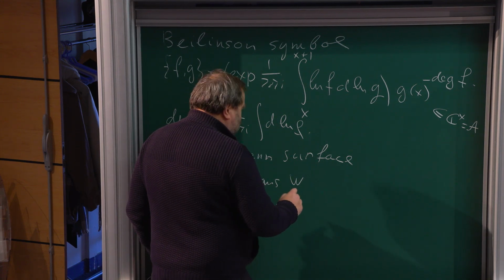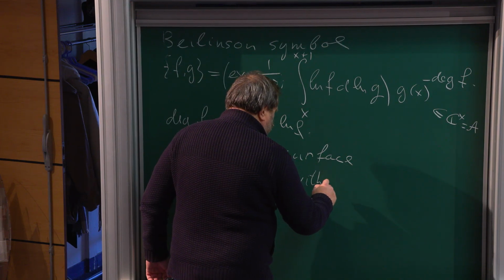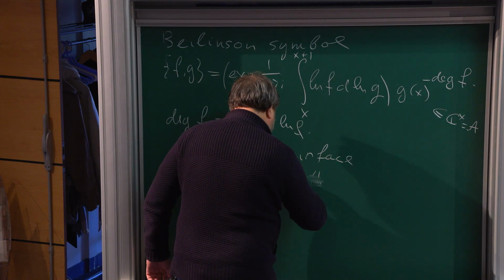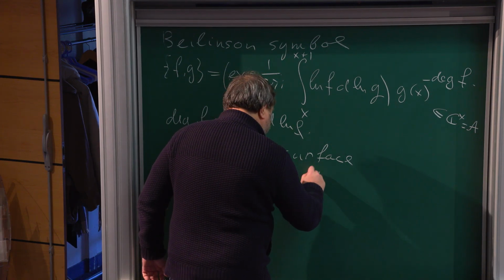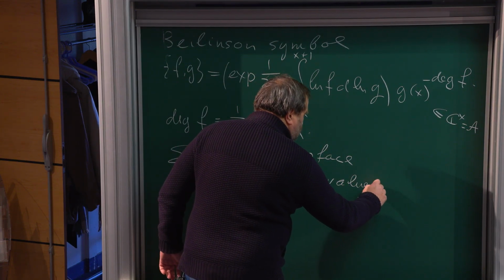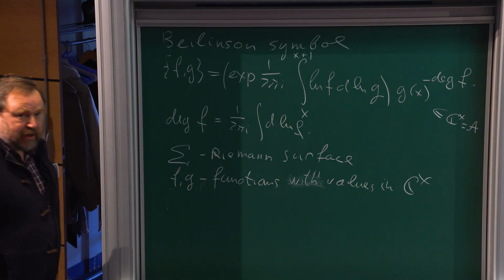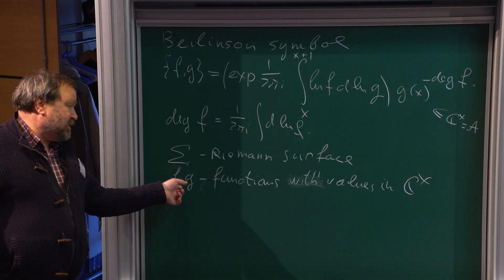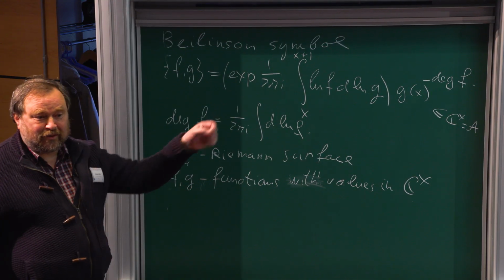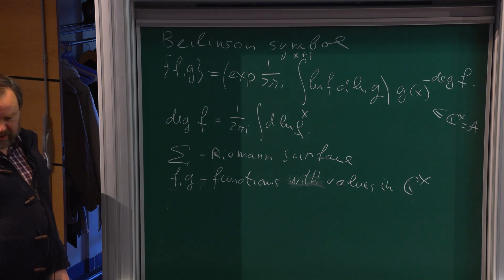It's not even very necessary, but just functions with values in C star. If you have a meromorphic function, it is not defined on the whole surface, but it is analytic outside finitely many points.